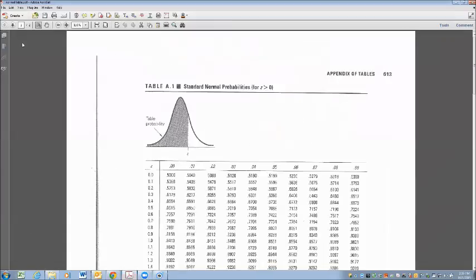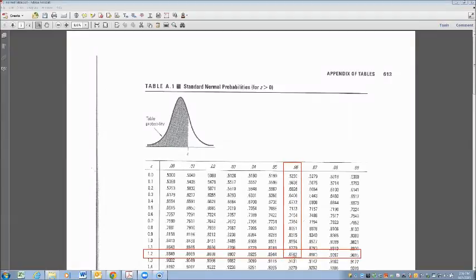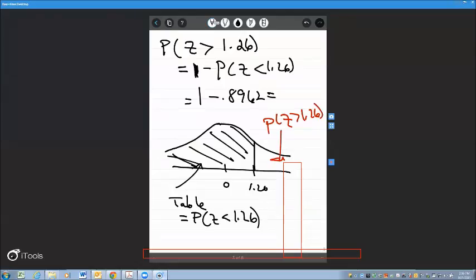We'll go to the positive side and we'll look up 1.26. So we'll go to the 1.2 row. We'll go to the 0.06 column, and we see 0.8962. So that gives me then a value of 1 minus 0.8962, which is 0.1038.